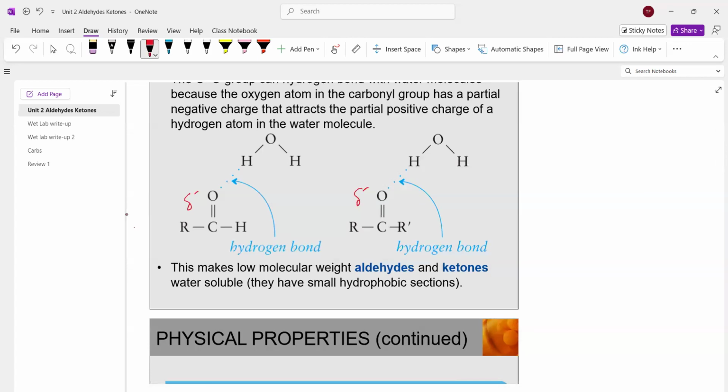Not a lot, but because of this very strong hydrogen bond in water, it can bond to the oxygen. And don't forget those little squiggly things, or it means partial, not a full charge.